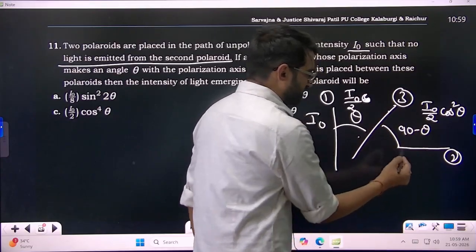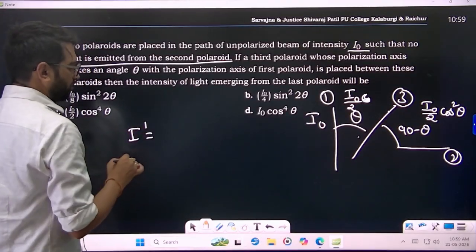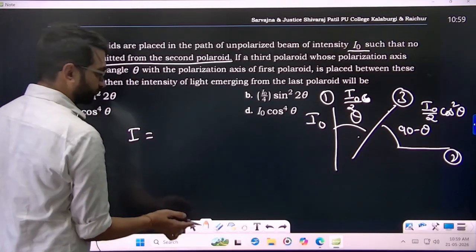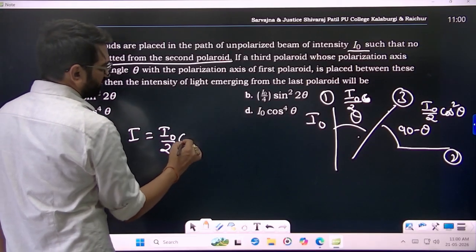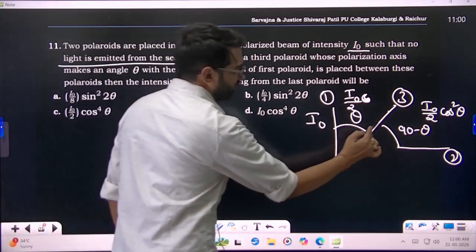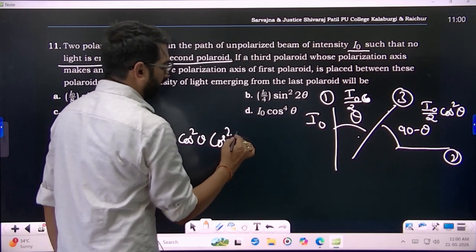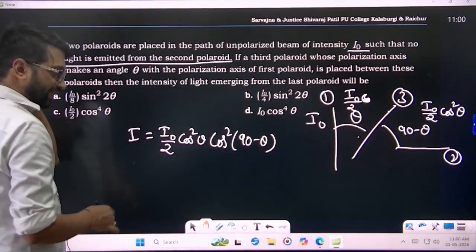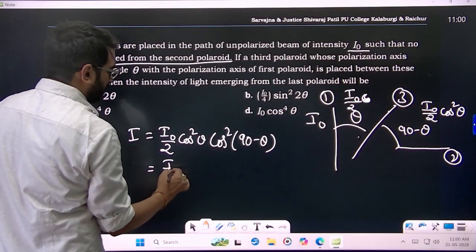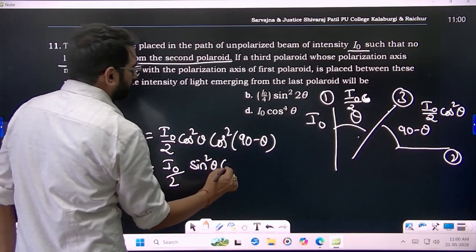The resultant intensity coming out, I, is equal to I naught by 2 into cos square theta, which is incident on this one, into cos square 90 minus theta. Cos 90 minus theta is sin theta. This is I naught divided by 2 into sin square theta cos square theta.